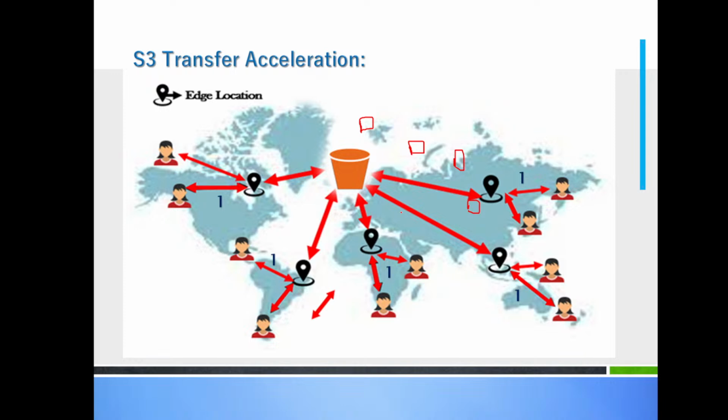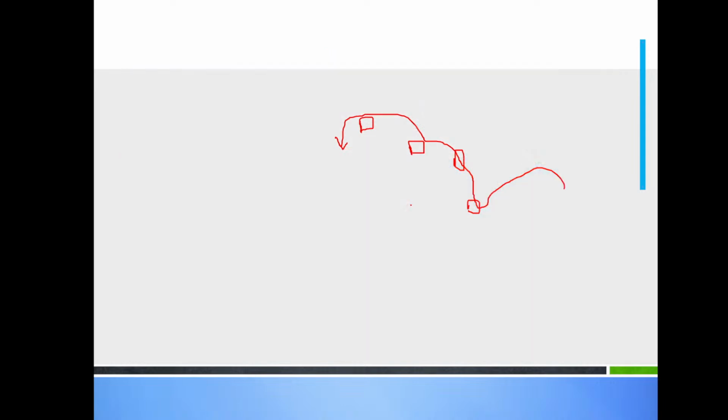You get a variable speed because there are so many intermediate servers. So you connect to this server, then this server, and then actually you go to your S3 bucket or your actual source from where you are downloading the data, right? Because so many servers are coming, their performance can vary, and according to their performance, you will get the bandwidth.